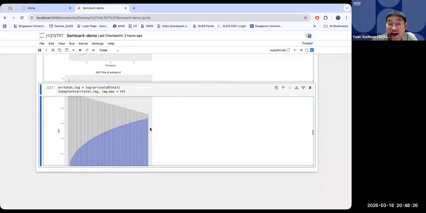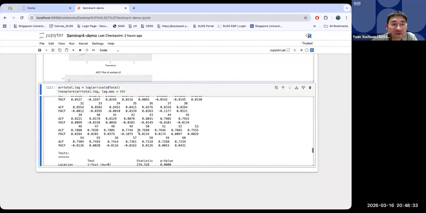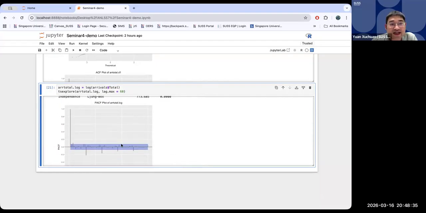So there is a clear trend in this log time series. If you look at the PACF, there are still spikes at certain lags. That means there is seasonality in this log transformed series.